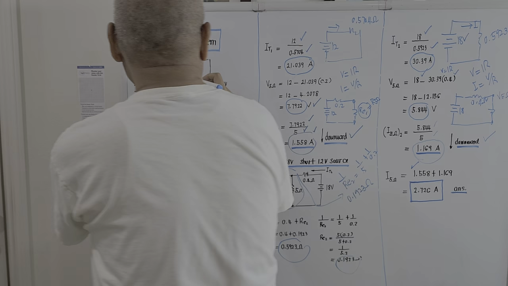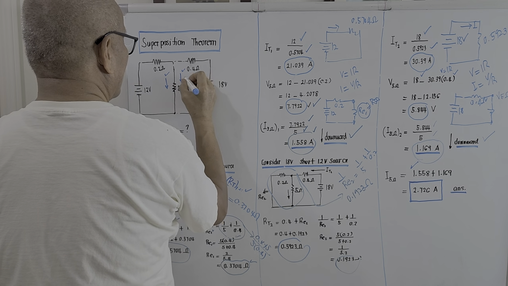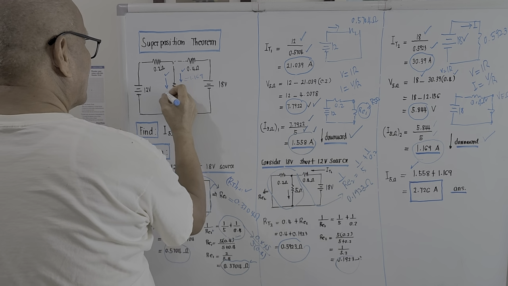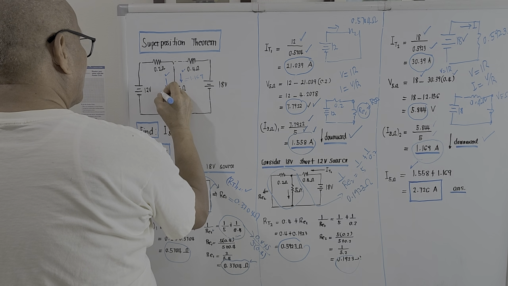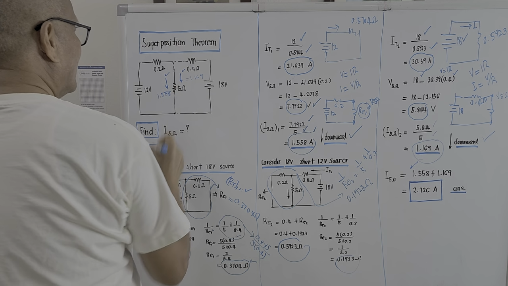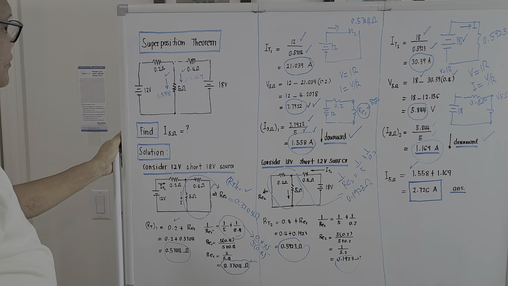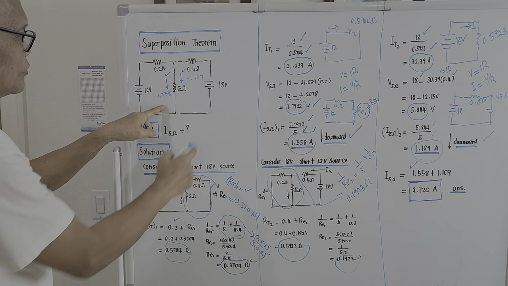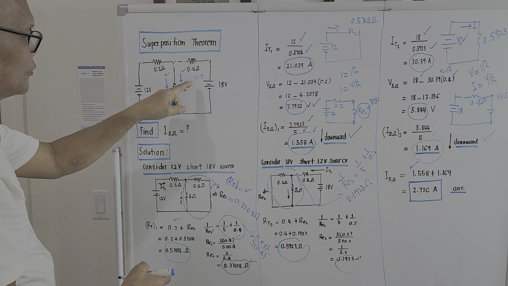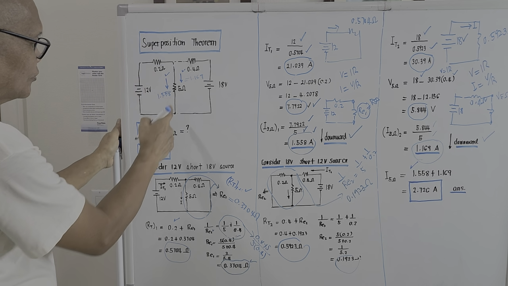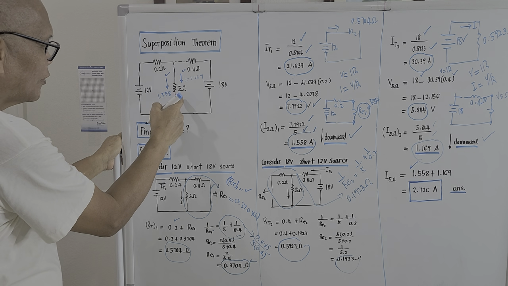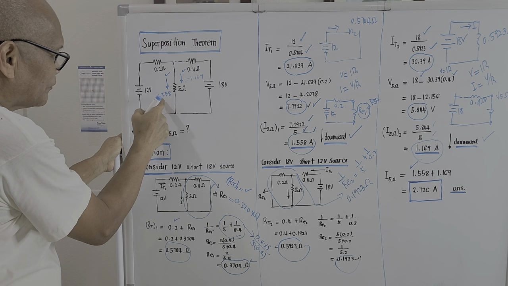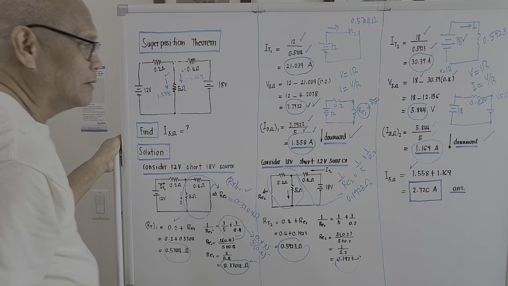So this is 1.169. The first one is 1.558, right? Due to this 12 volts, the current passing here is 1.558. Due to the 18 volts, the current is 1.169 amperes. So the total current passing through this 5 ohm load due to this 12 volt and 18 volt will be the sum of 1.558 plus 1.169.